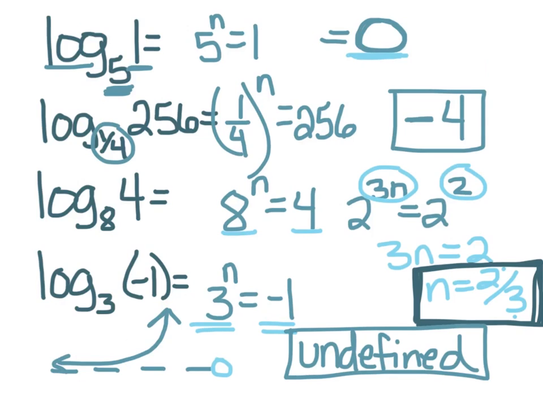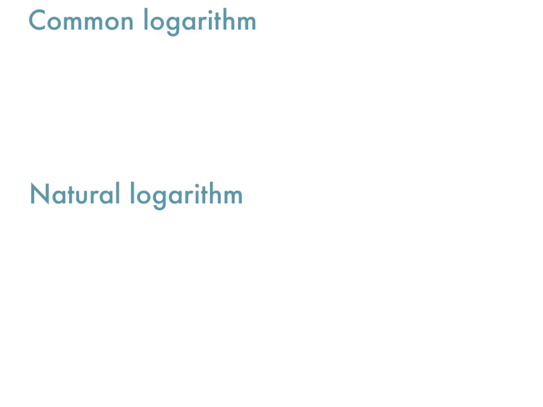All right. Okay, now, a couple things I want to share with you. The common logarithm and the natural logarithm. Those are two very special ones. The common logarithm is log base 10. And so, just like if I were to say the square root, I would put this symbol, and you don't have to write the little 2 there.